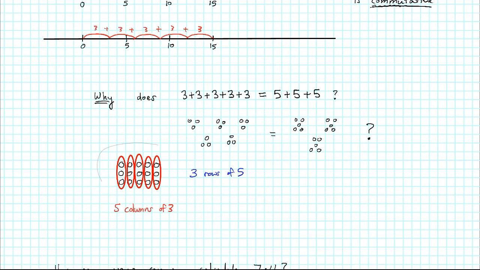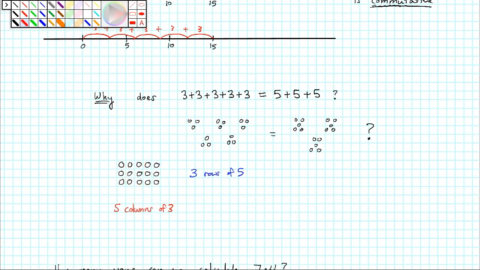Right? So when I arrange my objects in what's called an array, which is basically just an organized set of rows, then we can actually see that 5 groups of 3 is the same as 3 groups of 5. So this is one of the reasons that we're going to be utilizing grid paper in this class. Instead of drawing those individual circles, a really nice way to do this is just to draw a rectangle.